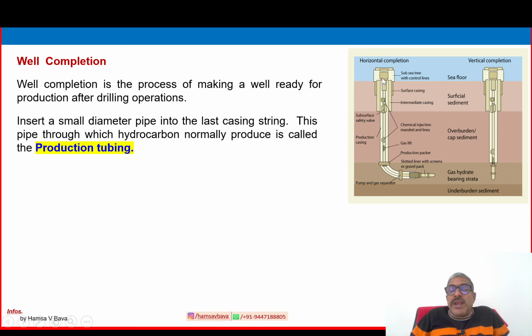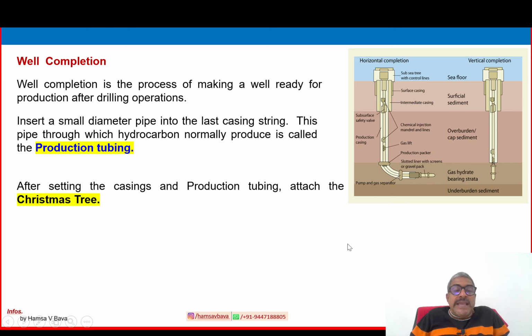So in the drilling time we put in the casing string, and we also insert an intermediate string or intermediate casing, and finally we insert the production tubing. Through that the oil and hydrocarbon mixture comes out from the subsurface to the surface.